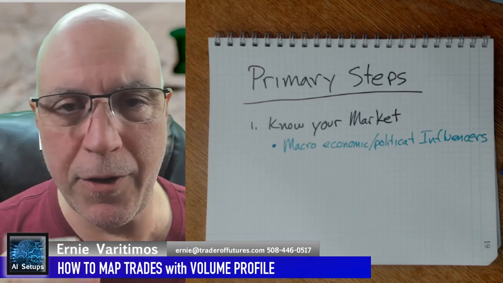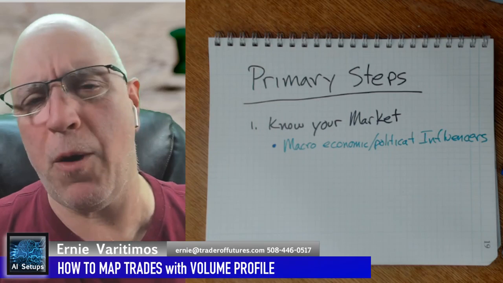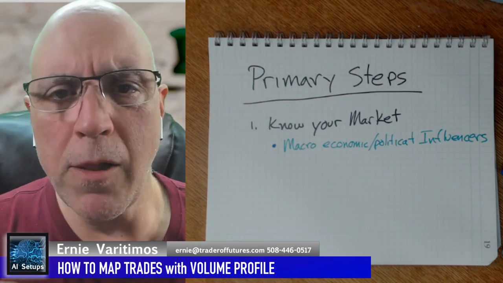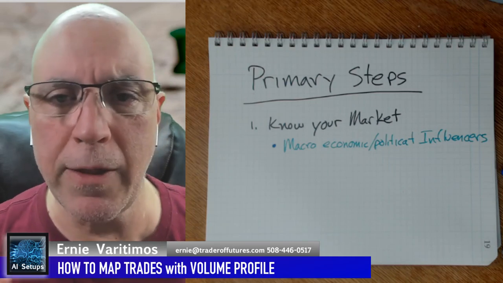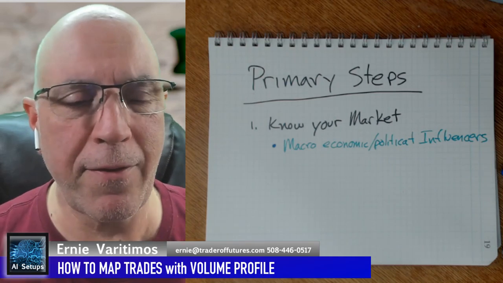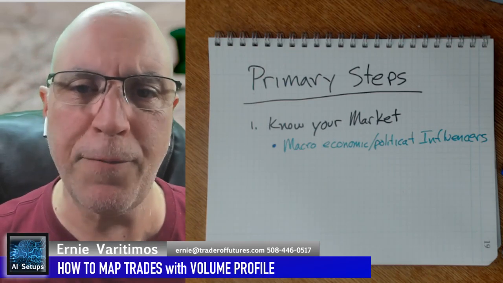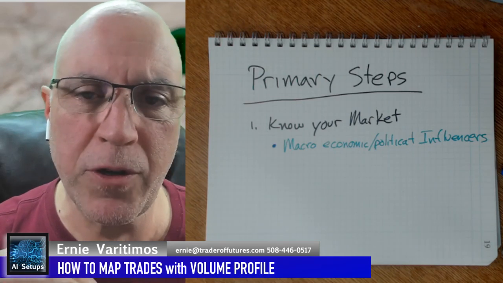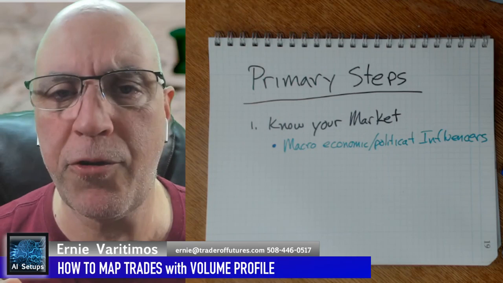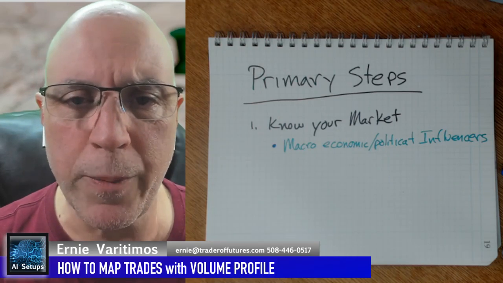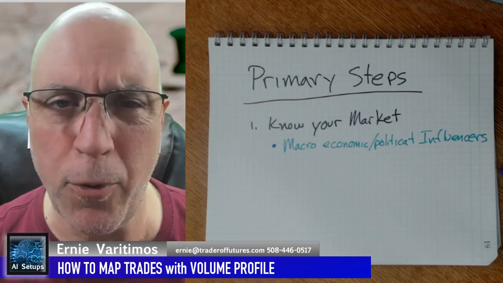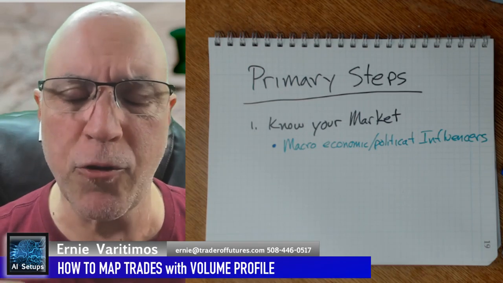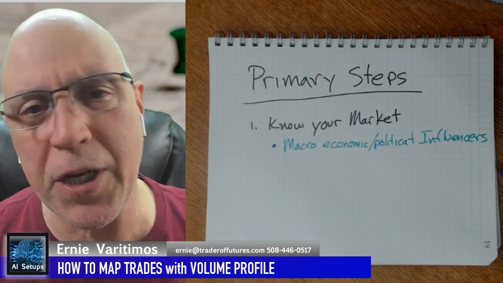And don't say, hey, we're not talking about politics here, Ernie, right? Wrong. Politics and the political landscape has as much or even more of an influence on the price direction, how bullish or bearish you should be. It's extremely important that you become knowledgeable of that landscape, and try not to take any particular political bias.